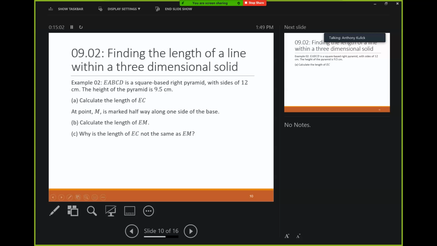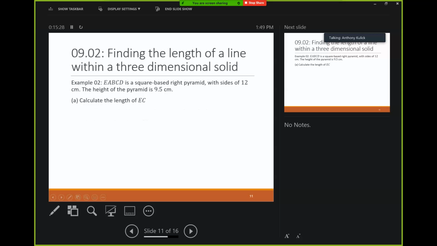We're first going to calculate the length of EC. And then after we do that, we're going to name some point M that's the midpoint along one side of the base. We're going to calculate the length of EM. And then answer this question observing why EC is not the same as EM.